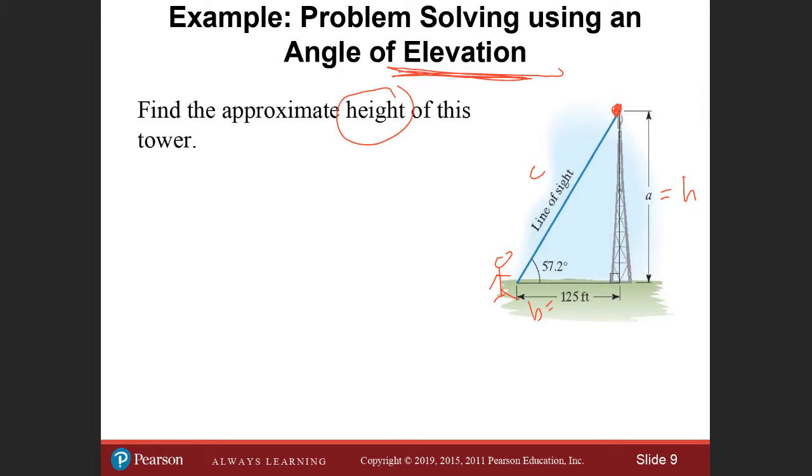Okay, so we presented a while ago the three basic trigonometric functions. Let's put 57.2 as our angle A. So sine A is equal to A over C, which is the line of sight.